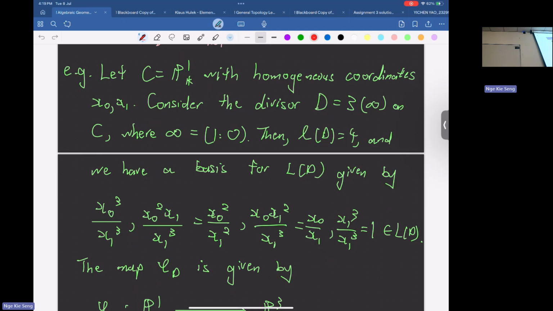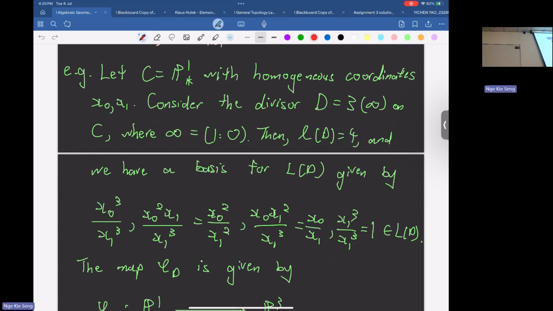So what point takes [1,0] as zero? x1. But now you have multiplicity 3, so x1 cubed. Yesterday we talked about L(D): it's the things that you add to x1 cubed that are greater or equal to 0.